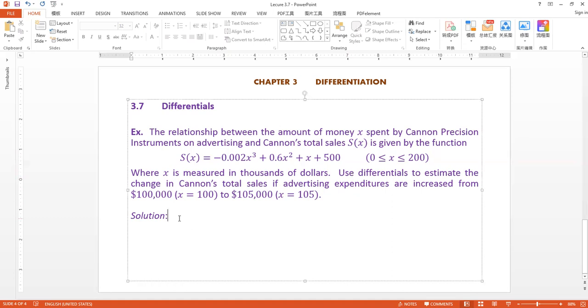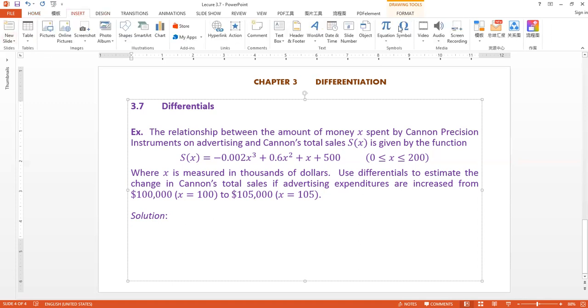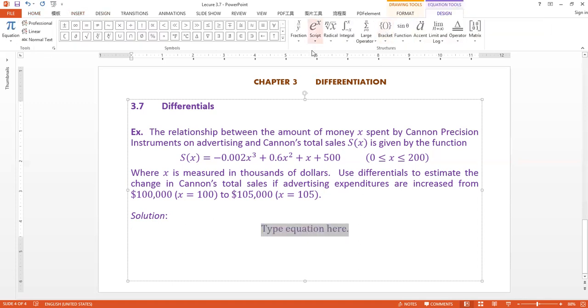So how do we do that? Let's try to find the differential first. In order to find the differential, we need to find the derivative. Okay, so let's just start from the formula of the differential.